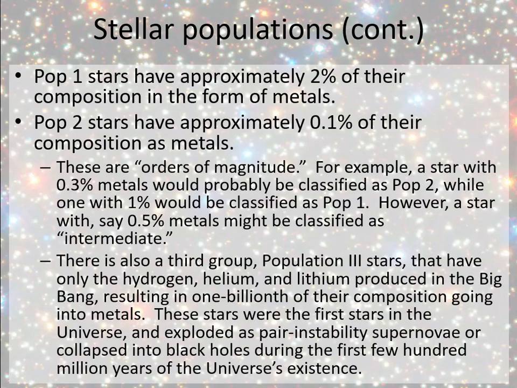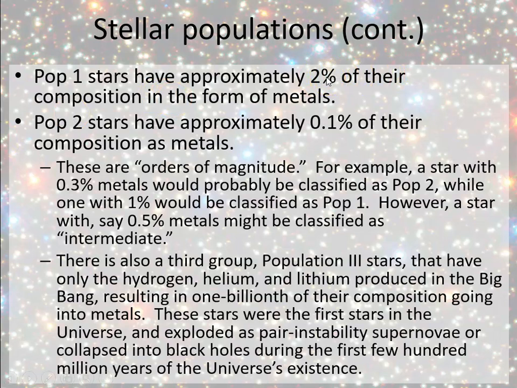Roughly speaking, population 1 stars have about 2% of their composition in the form of metals. And again, roughly speaking, population 2 stars have about 0.1% of their composition as metals. And again, there's a lot of stuff in between here. So if it's roughly an order of magnitude from 2%, then we call it a population 1 star.